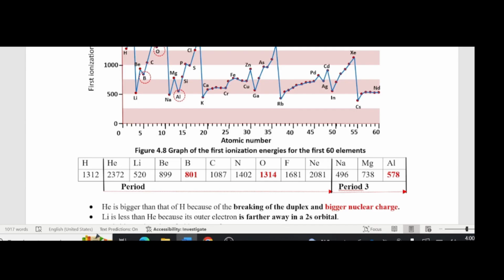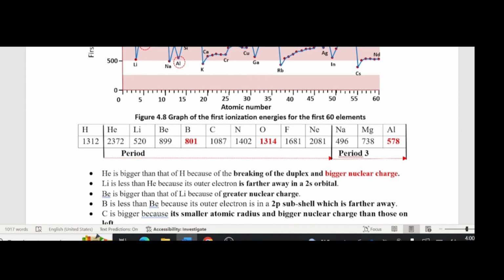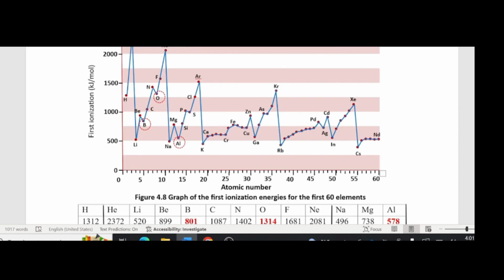So that electron is farther away from the nucleus, and therefore it entails less energy to remove it than what helium needs. Beryllium has a higher first ionization energy than lithium because it has a greater nuclear charge, and therefore it's holding on to the electron more strongly than lithium does.